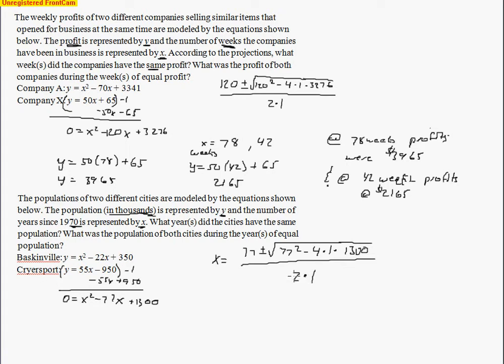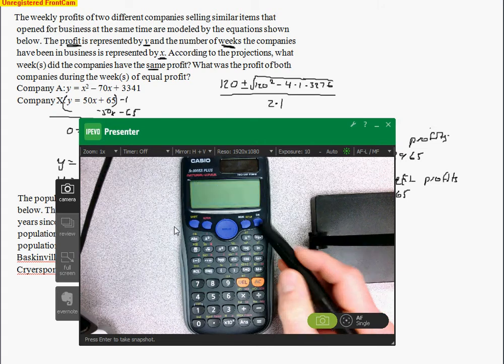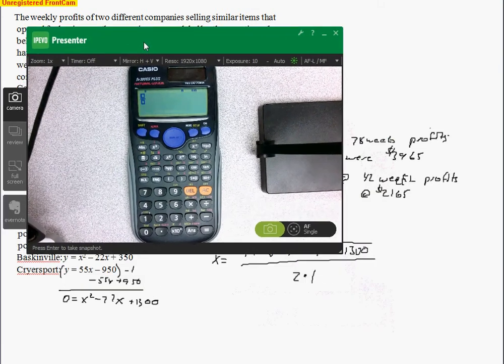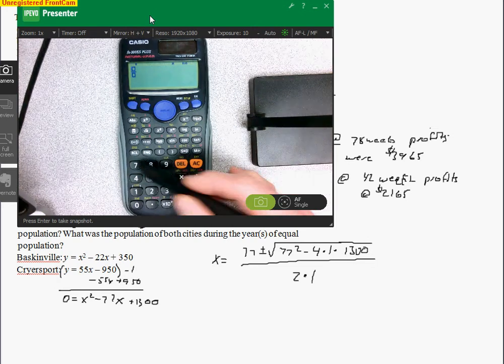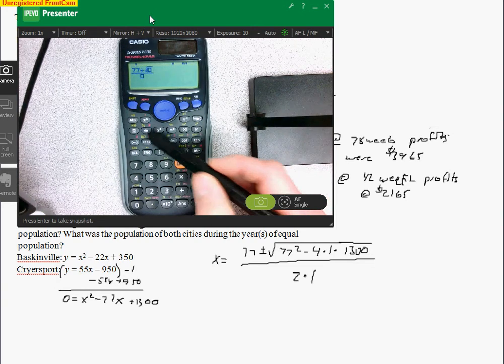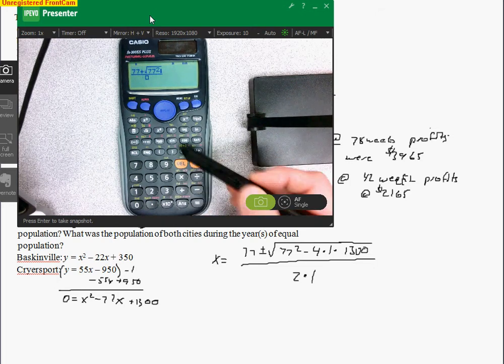So I substitute the numbers in. Let's go ahead and do that work and find out what it is. So I'll clear that last one, set it up again, press the fraction button, and enter the numbers. So it's 77 plus, I'll start off with the plus, then the radical sign, and then 77 squared, and then I'm going to press the minus.